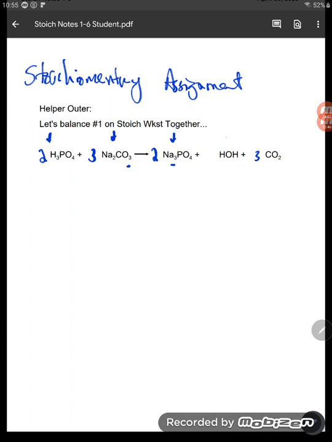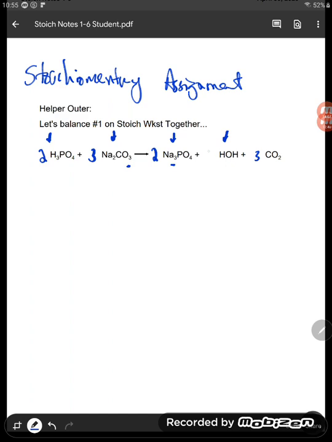There's hydrogen here and hydrogen here. And so 6. So I know I'm going to need 6 on this side. If I go through then and I count my oxygen, on the reactant side, we have 8 plus 9. So that is 17. On the product side, we have 8 plus 3, that's 11, plus another 6, and that's 17, so that's a balanced equation.